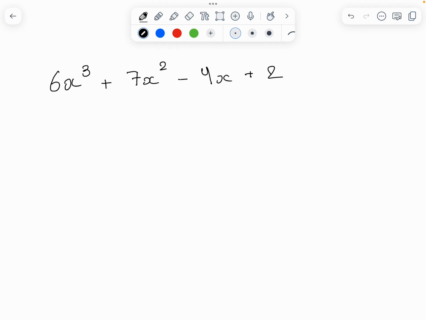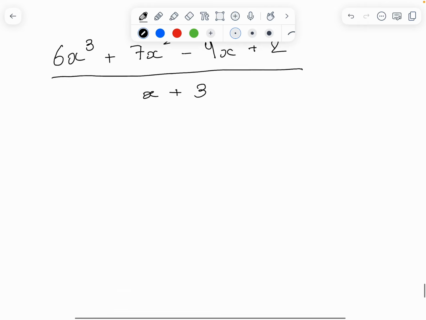So when it comes to polynomial division, you'd usually get a question in this sort of format, say 6x to the power of 3 plus 7x to the power of 2 minus 4x plus 2 divided by another polynomial, something simple like x plus 3.